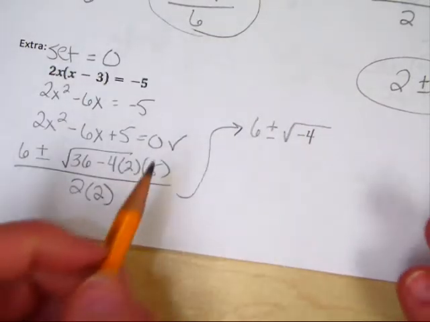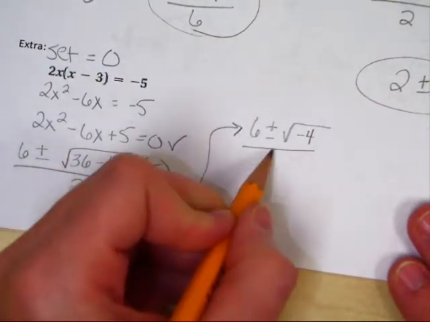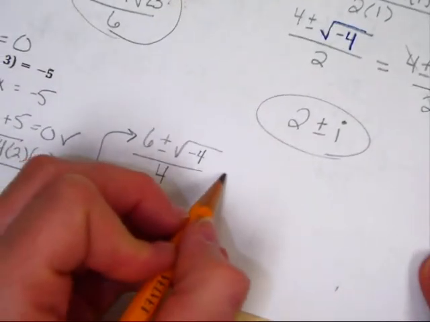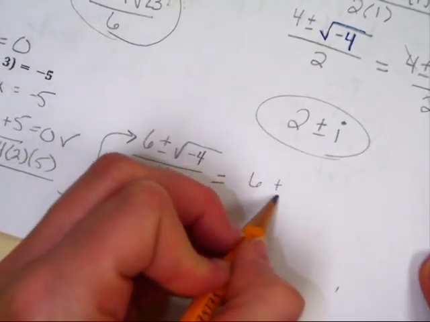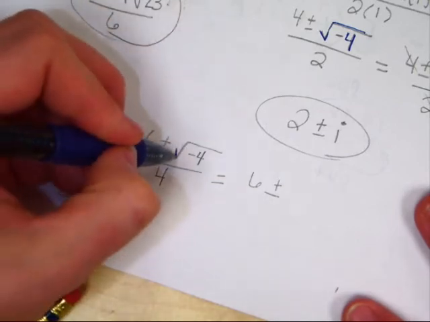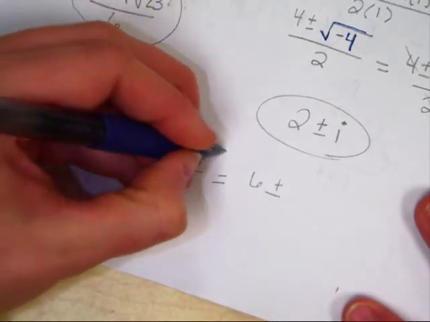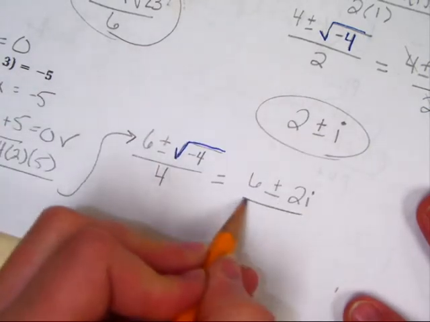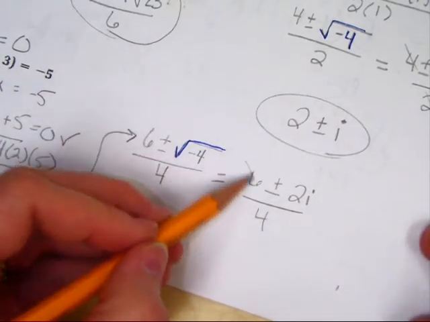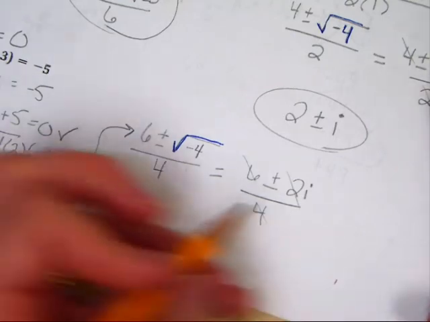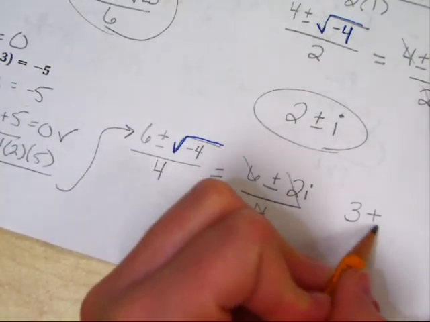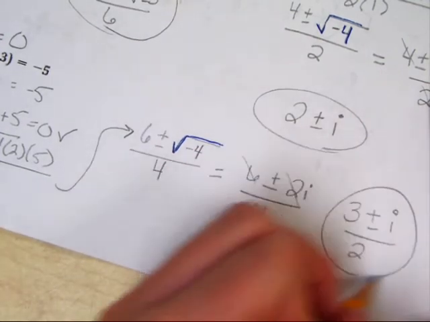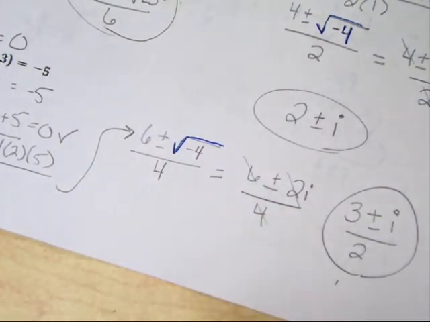Make sure you know how to add and subtract. All over 4. Well, that's going to equal 6 plus or minus, I know you guys know the square root of 4 is 2. This is the imaginary though, so 2i, all over 4. Every single thing reduces by 2, so you write 3 plus or minus i over 2 as your final answer.